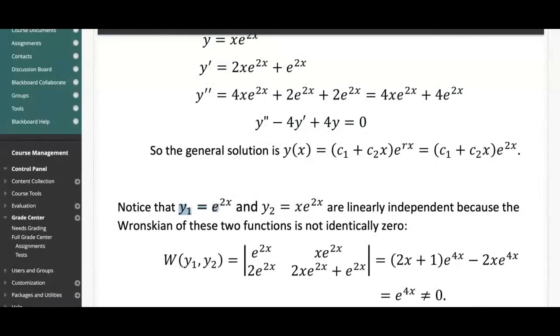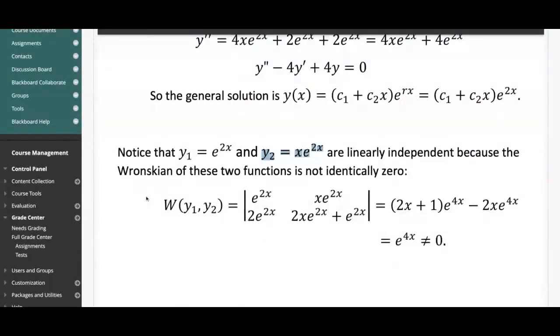Notice y1 equals e to the 2x, and y2 is x e to the 2x. They are linearly independent because this shows the Wronskian is not 0. This is just one example.